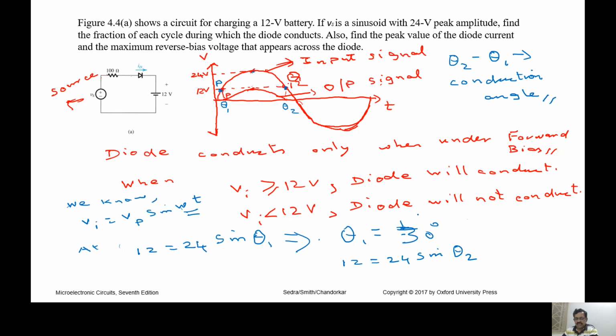Let us try to understand this carefully. This theta 2 is after 90 degree, so you have to understand that. We know this is 90 degree, so it has to be 90 plus something. So theta 2 is in the second quadrant.